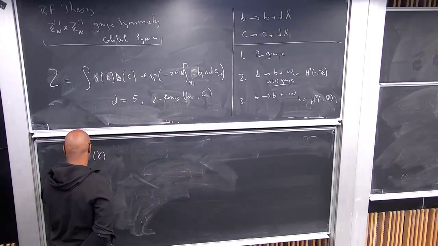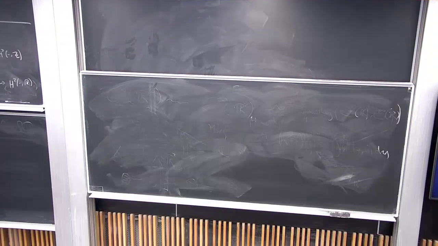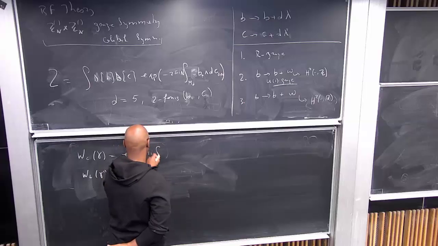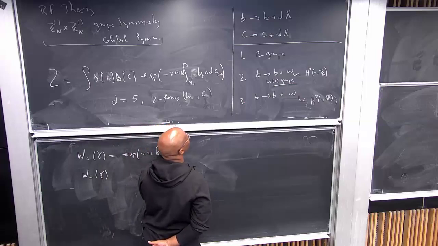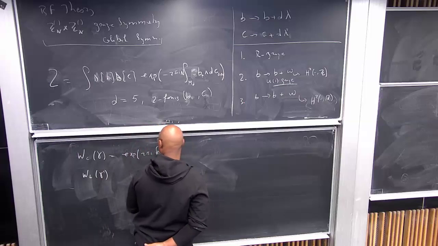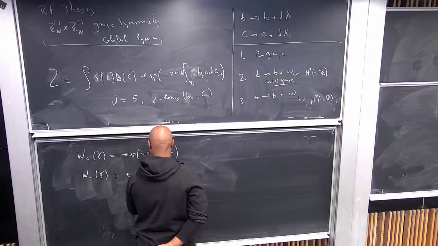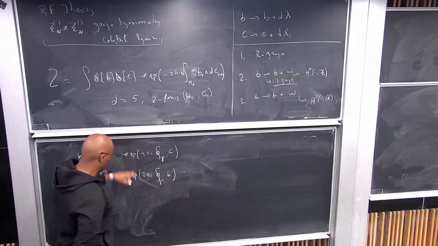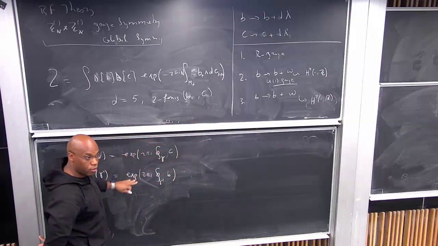I'll call them WC and WB: the holonomy, exponential 2 pi i integral over gamma of the gauge field C, and exponential 2 pi i integral over gamma prime of B. Okay, so these observables, as you can see, under the local gauge transformations, these are gauge invariant operators.